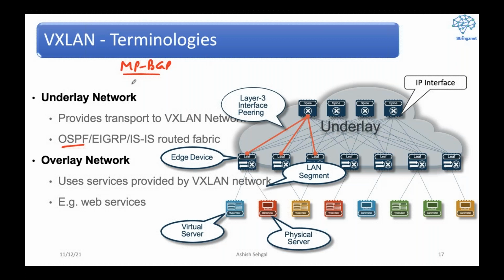But besides this, when we study BGP, we say BGP is a path vector protocol. BGP is not predominantly to be called a routing protocol. That means BGP's responsibility is not to propagate the routes.